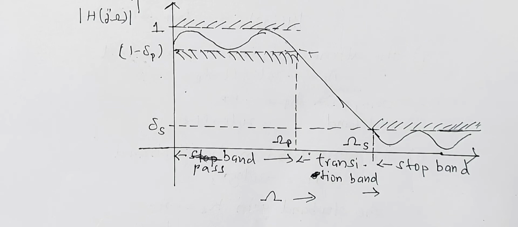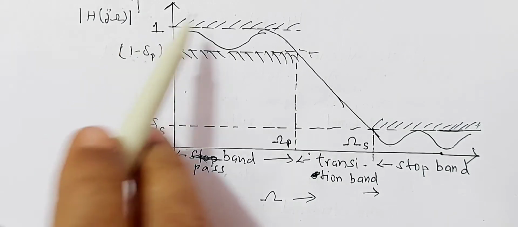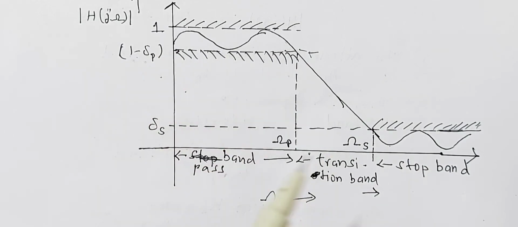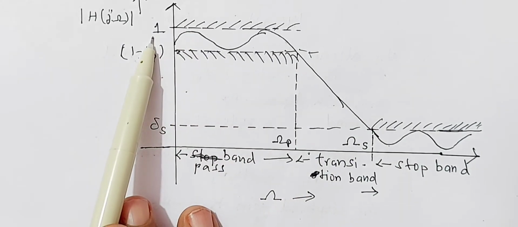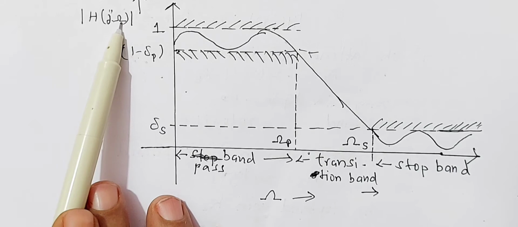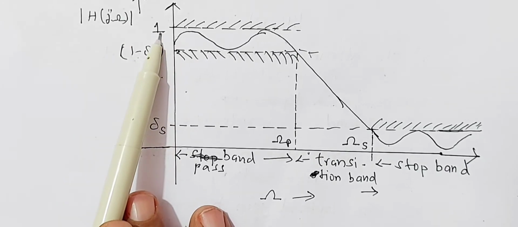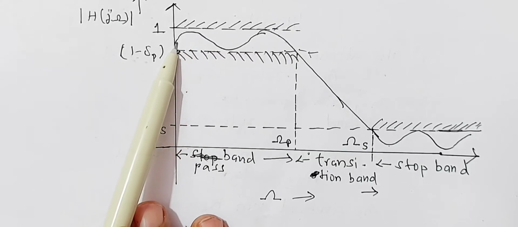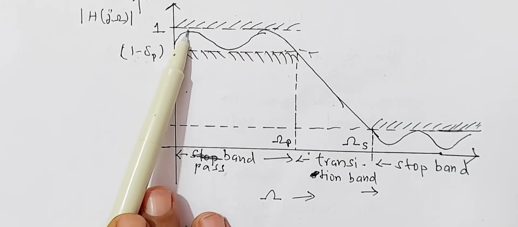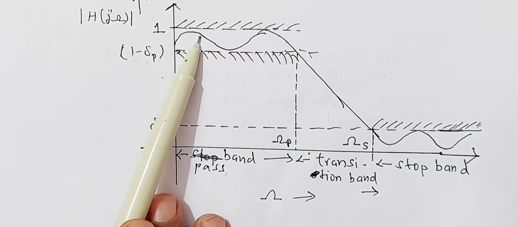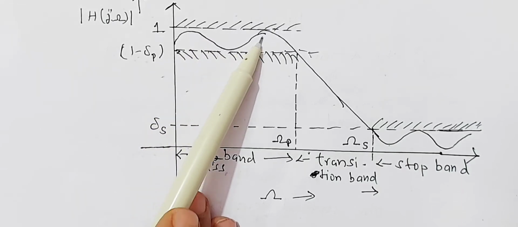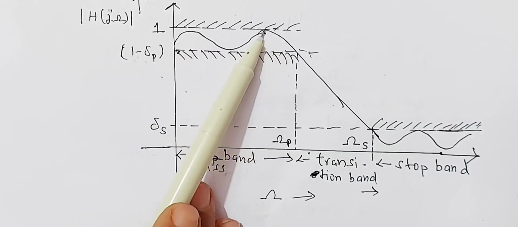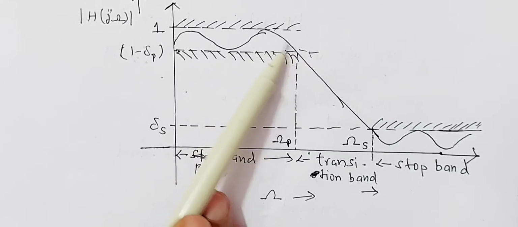What are the specifications of a given filter? Just carefully observe this figure. What is the maximum value? That is 1. The value of H of j omega is maximum, that is 1. Here it decreases slowly to a small value, reaches maximum 1, decreases again. From the maximum, this decrease in value is allowed.